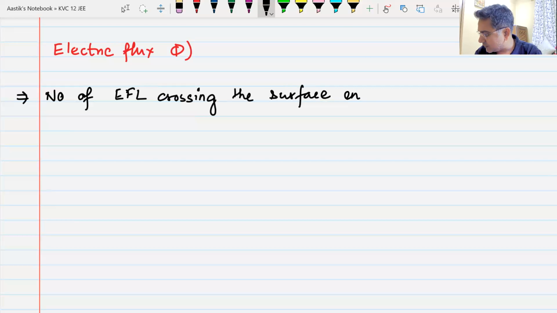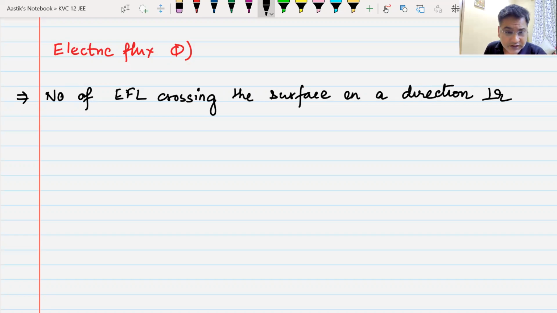Crossing the surface in a direction which is perpendicular to it. When I say this perpendicular direction, it actually means the direction of the area vector. So the number of electric field lines crossing the surface in a direction perpendicular to it is known as your electric flux.